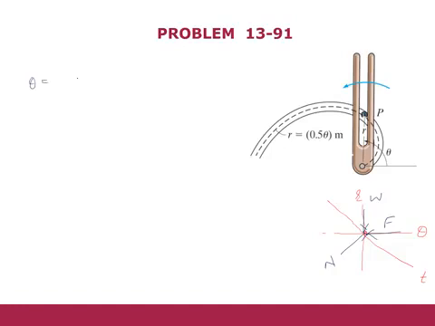So we were calculating theta and theta double dot. We have theta, which is pi by 8 t square, right? We have theta dot, which is pi by 4 t, and we have theta double dot, which is pi by 4, right? So we have calculated the velocity and acceleration in radial and transverse direction.